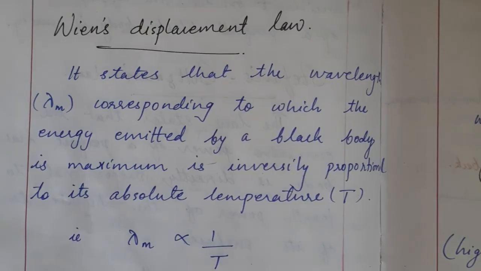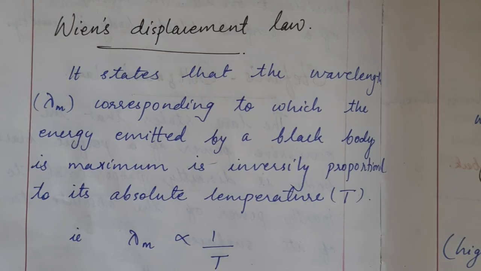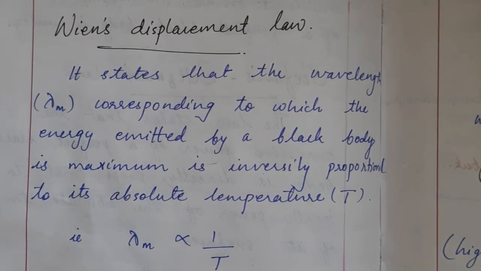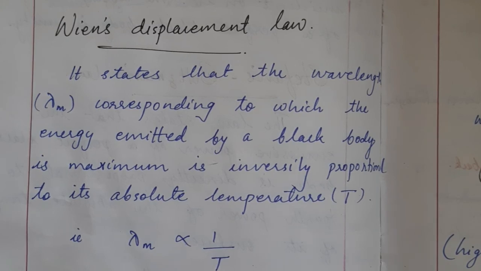Similar to that, we have another law, that is Wien's displacement law. When a black body is emitting out heat energy, corresponding to that heat energy there is a wavelength. The wavelength at which the energy emitted by the black body is maximum is inversely proportional to its absolute temperature. That is our Wien's displacement law.